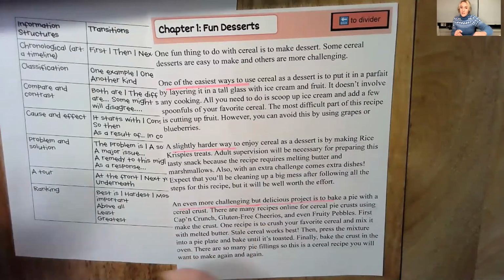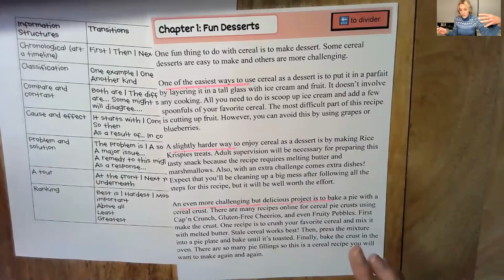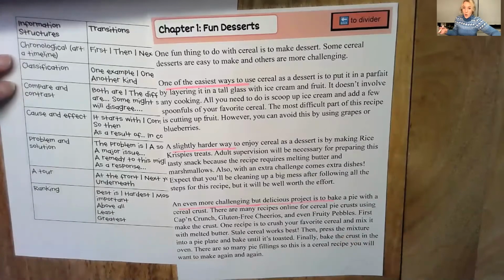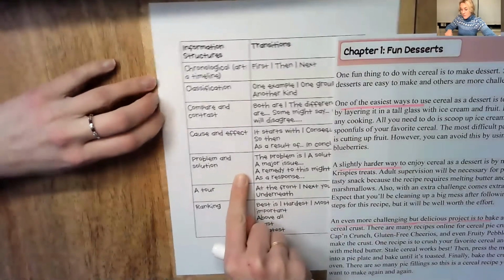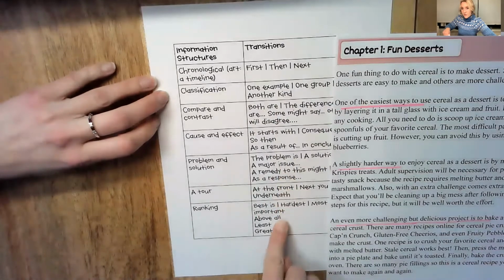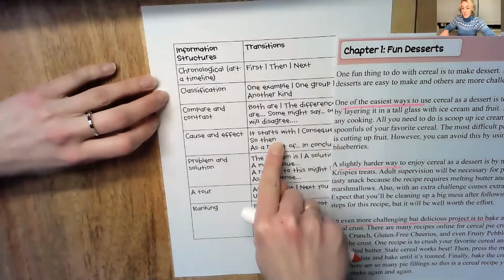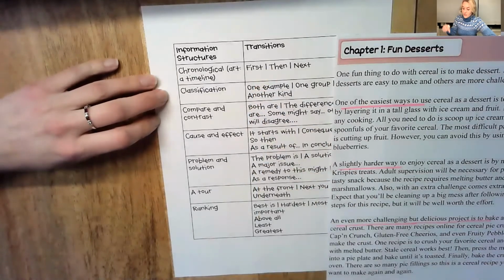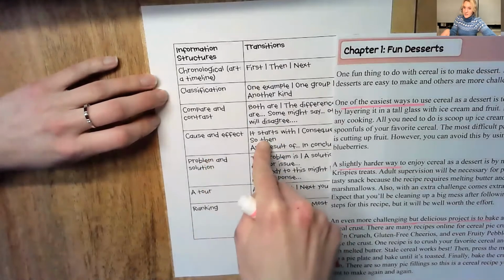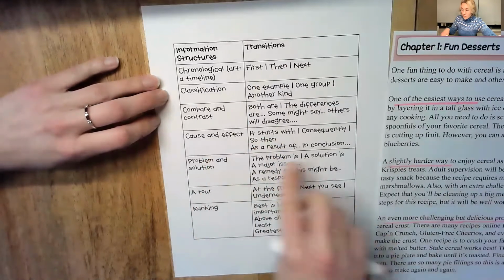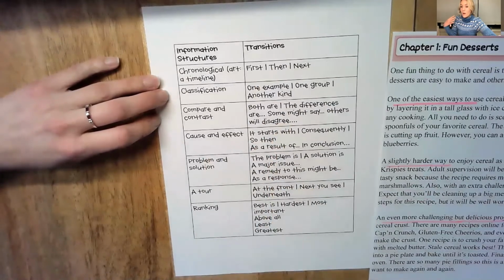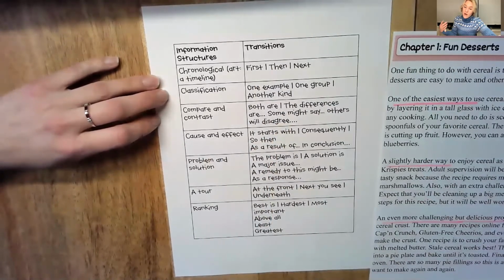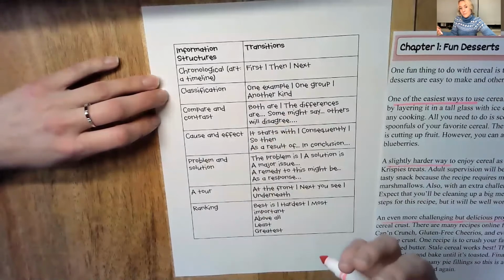So if you haven't yet, I would look through your chapters and see that you are not only using structure in each chapter, but that the transitional words and phrases are there to support it. Maybe you did choose compare and contrast, cause and effect, but did you also use transitional words and phrases to give your reader clues about where they are going and what part they are at in your information book?